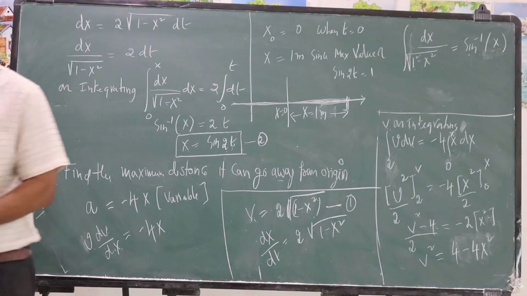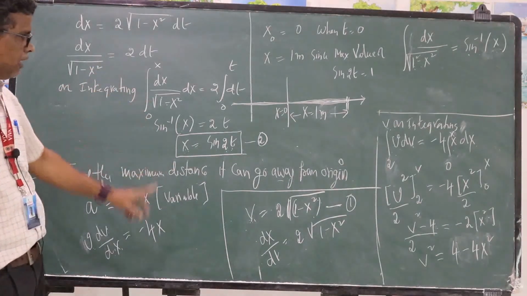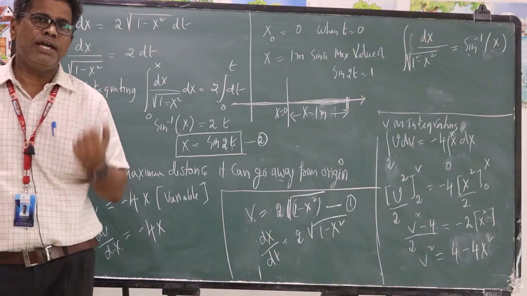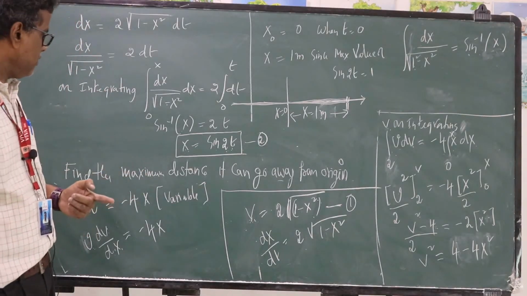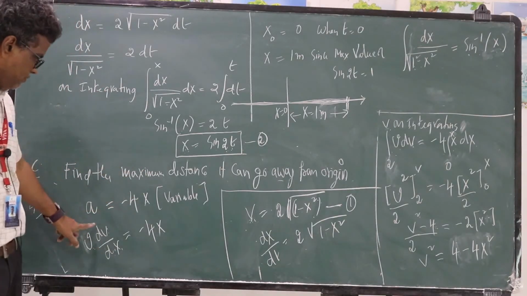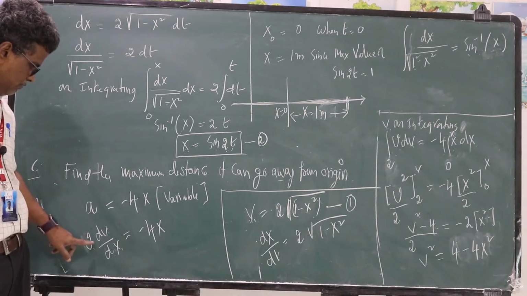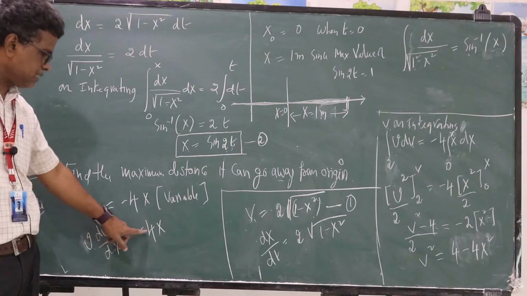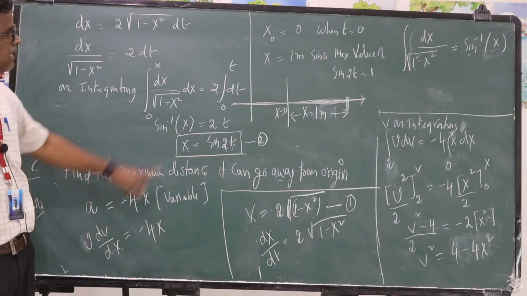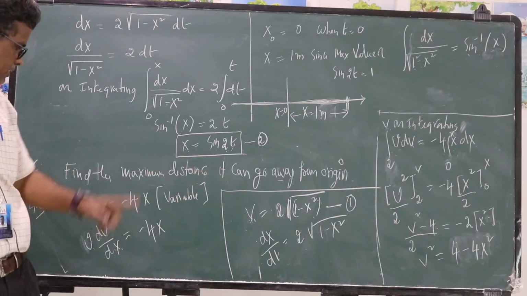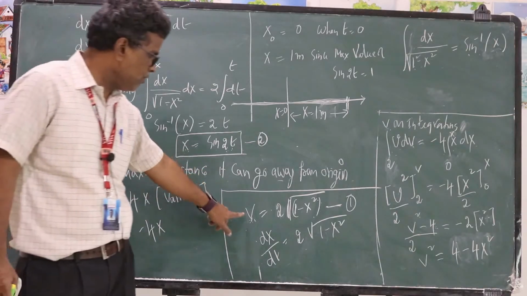Next model. Clear this model? In the second model, acceleration is given as a function of position x. The first step is I define a is equal to v into dv by dx, as minus 4x. Then I integrated. First step, I got velocity as a function of position.